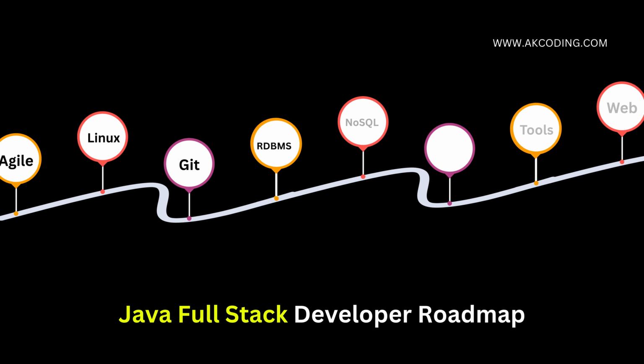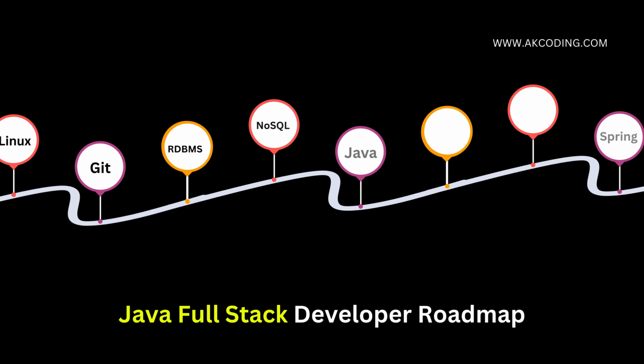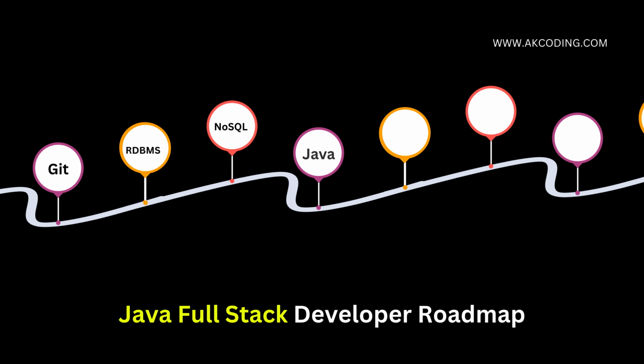Number five, NoSQL databases. NoSQL concepts, data models, architectures, the CAP theorem, and caching layers, that is Redis and Memcached. Number six, master core Java and advanced Java.